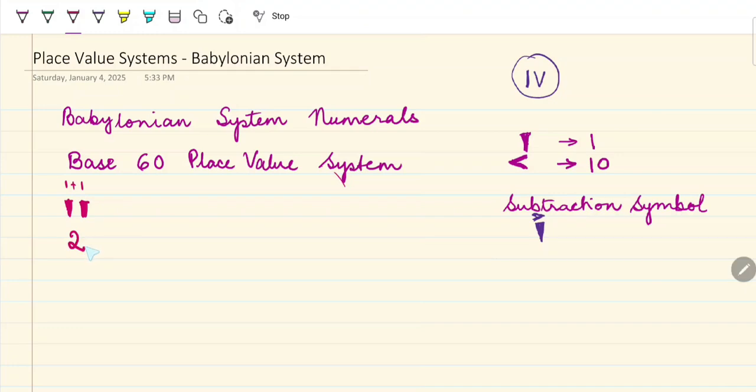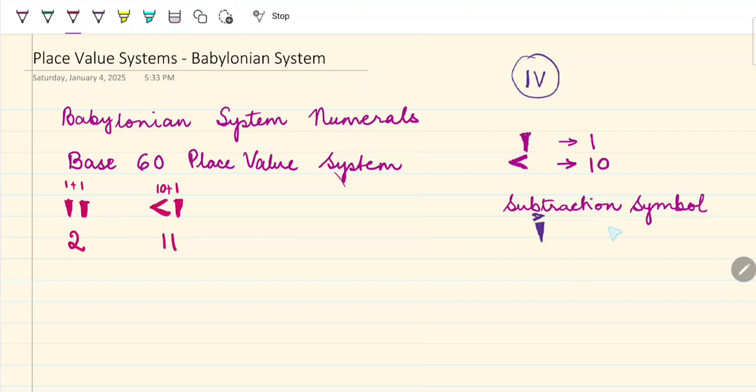What about if they wanted to represent the number 11? They would use their symbol to represent the number 10, followed by the vertical line, which is 1, and then 10 plus 1 would amount to a value of 11.